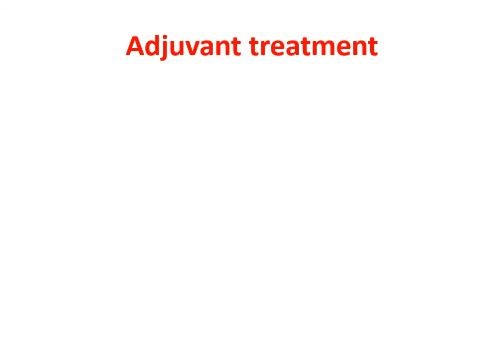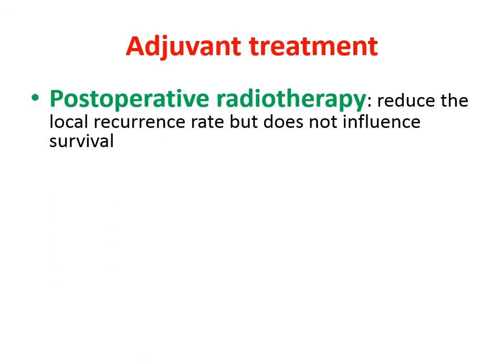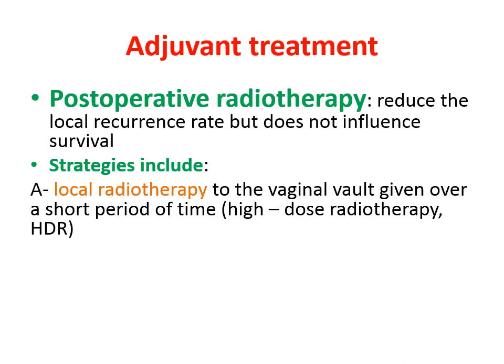For the adjuvant therapy, post-operative radiotherapy can be given. This will reduce the local recurrence rate, but this will not influence the 5-year survival of any woman with endometrial cancer. Strategies include using local radiotherapy to the vaginal vault, given over a short period of time in the form of high-dose radiotherapy, and this is also known as brachytherapy.